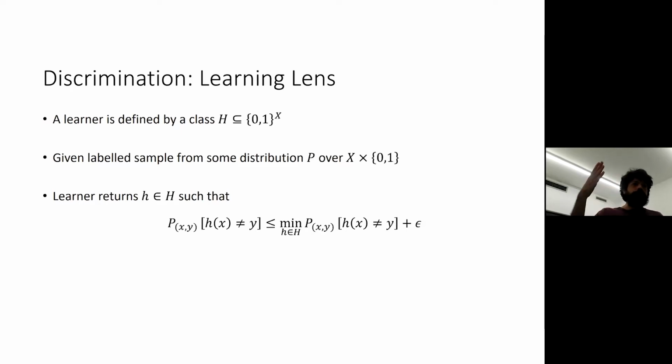So you have a distribution, and you get to see a domain and labels, and the learner needs to return some hypothesis which can predict the right label given data.